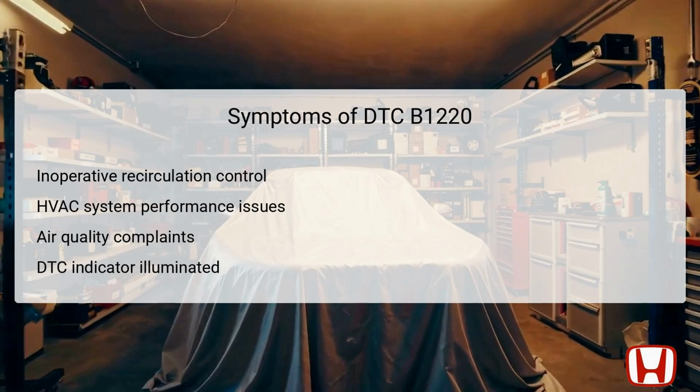Additionally, passengers may experience air quality complaints, as stale or exterior odors might not be properly managed if air cannot be recirculated. Most importantly, the DTC indicator will illuminate on the dashboard, alerting the driver to the presence of a fault needing attention. Recognizing these symptoms early allows for timely diagnosis and repair, maintaining cabin comfort and safety.